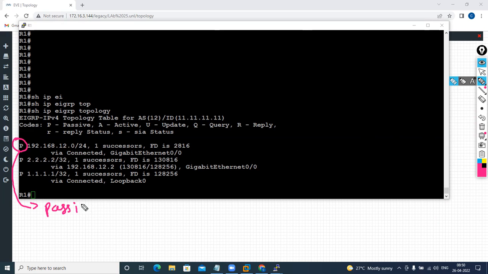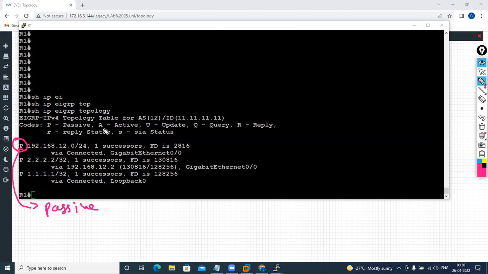What do you mean passive? Any idea? Passive routes are the ones which should be present in the routing table. It means EIGRP has done its calculation, and now it is stable. So you need to see passive only.